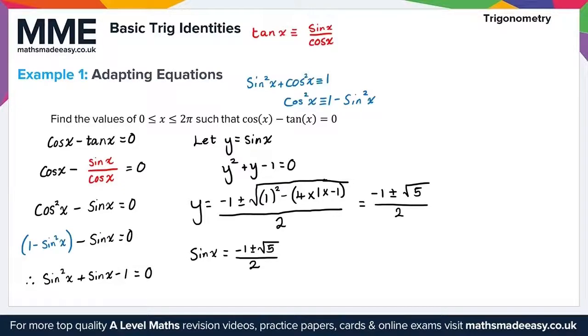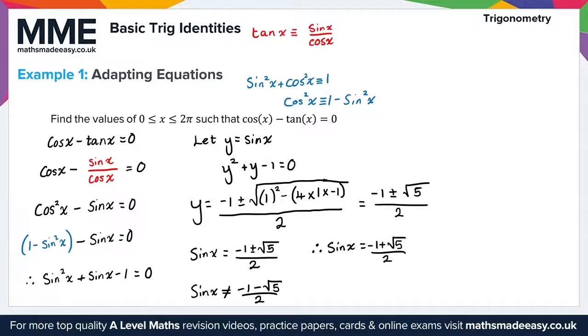So sin x is just the positive solution here: sin x is minus 1 plus the square root of 5 over 2.